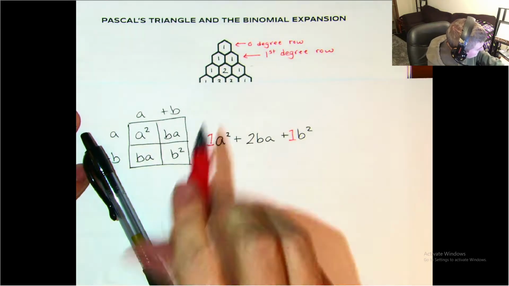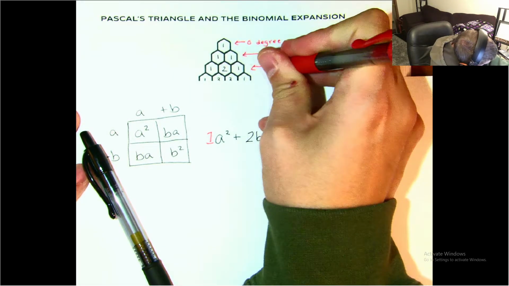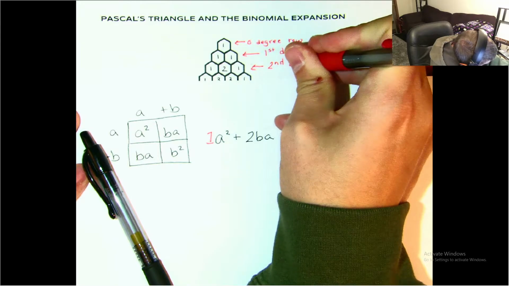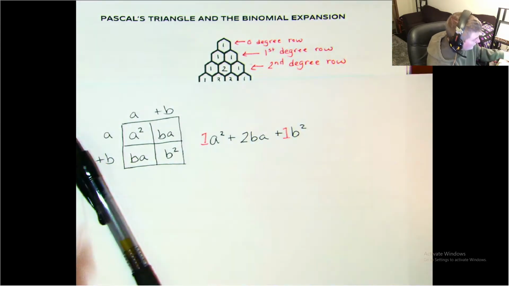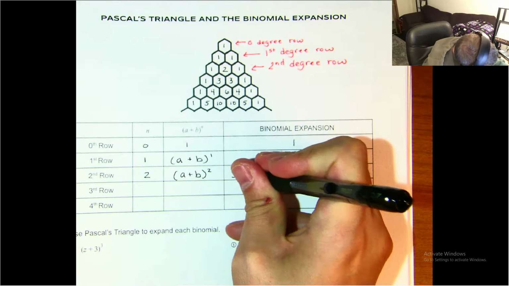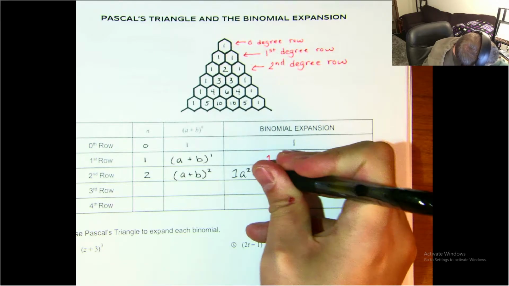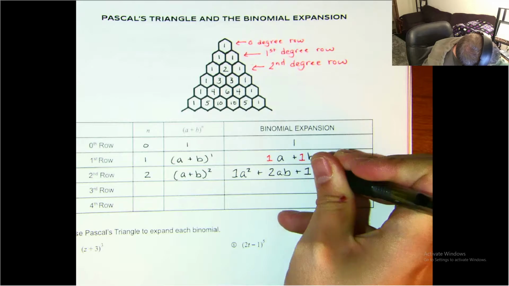Where do we see that? We see that here. Okay, this is my second degree row. All right, so this would end up being 1a squared plus 2ab plus 1b squared.